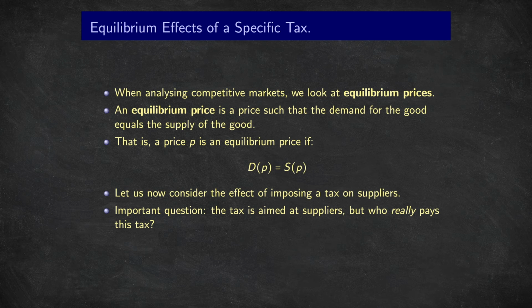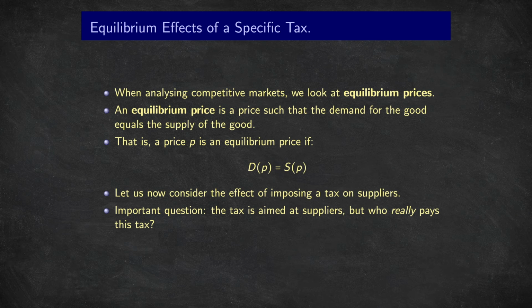This single price kind of perfectly organises the market and there is no waste. So another way of saying this is that a price P is an equilibrium price if the demand as a function of P is equal to the supply, which we can think of as a function of P as well.